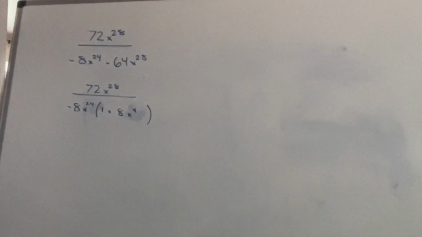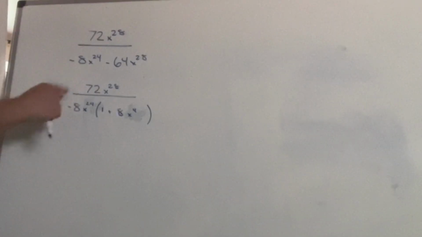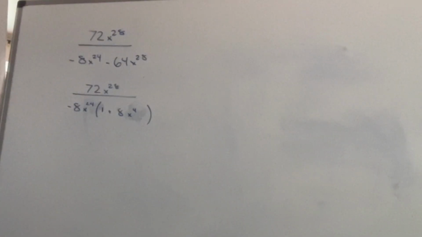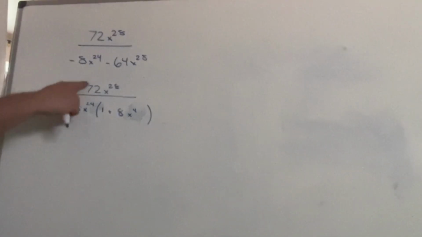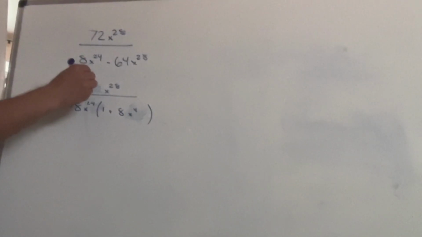Now, we start canceling stuff in top and bottom. So let's start with the numbers. What do 72 and 8 have in common? Well, 9 times 8 is 72, right? So you could rewrite 72 as 9 times 8. We have 8 here and 8 here.